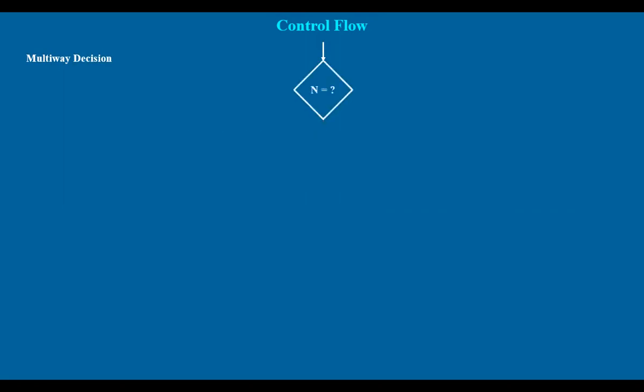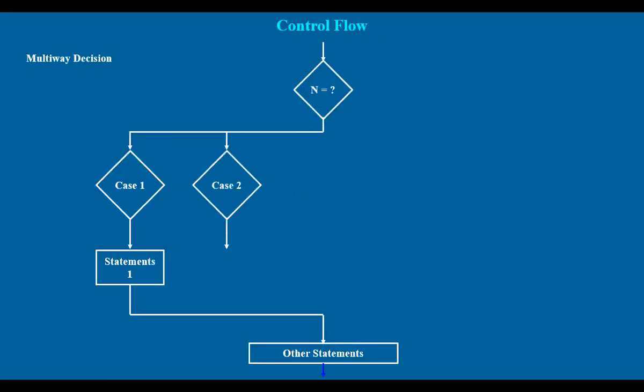Suppose we have n value. And when it's given some value, say 1, it is treated as the case 1, and one set of statements will be executed, and other statements will be continued here after exiting this. Suppose the n value is given something else, 2.